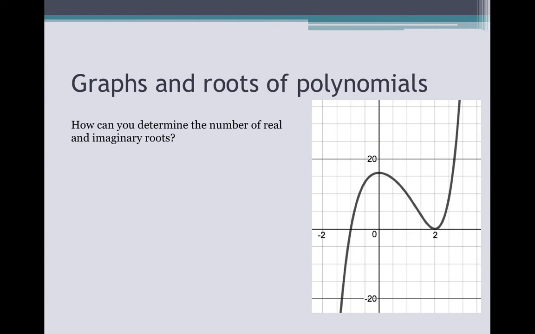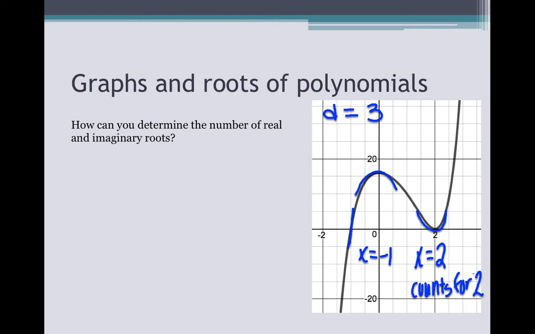So how can you determine the number of real and imaginary roots? Well, I look at this graph and I say, all right, I know that there's 2 curves. So curves plus 1 means that the smallest the degree is 3, the minimum. Now, this is a single root, so I know that x equals -1 counts for 1 of those 3 roots. This is a double root here, so I know x equals 2 actually counts for 2 roots.